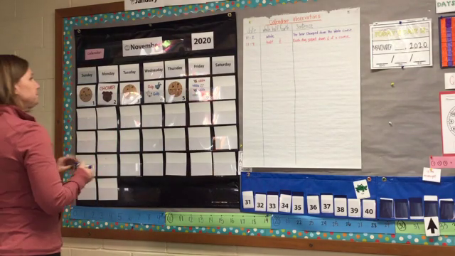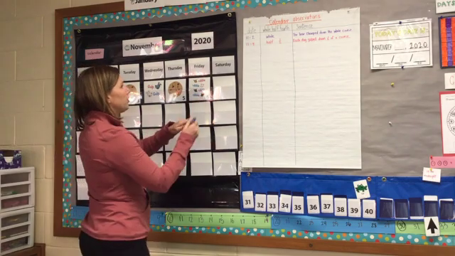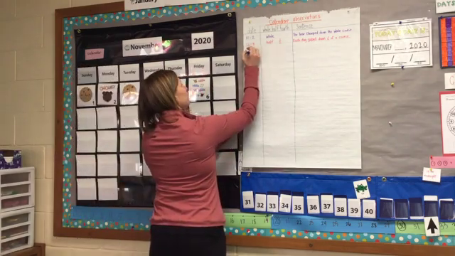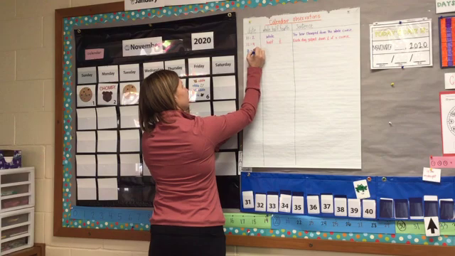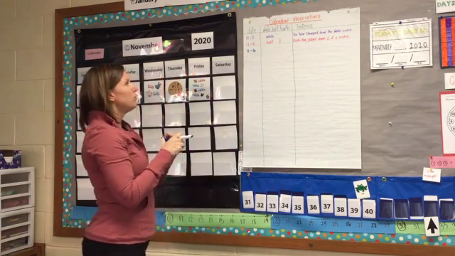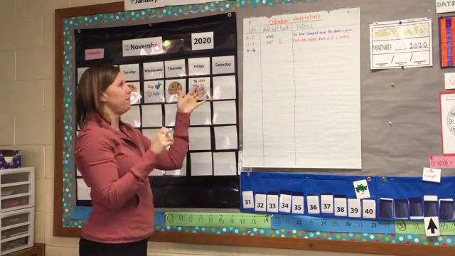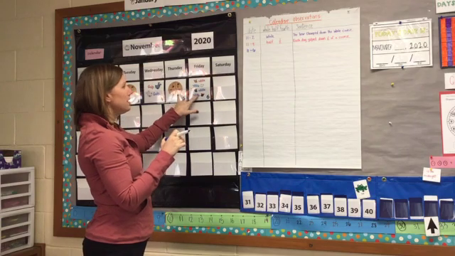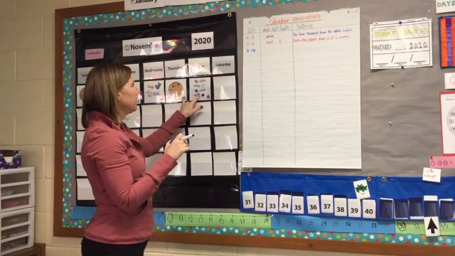So now we'll do a calendar observation. Okay, so we're going to write the date, 11-6, and then we're going to observe and write an observation about these 2 cards together, okay?